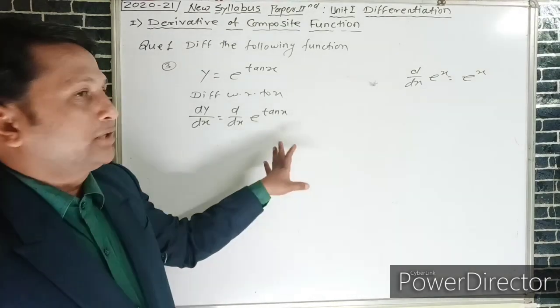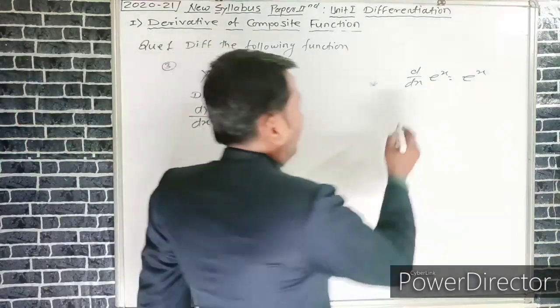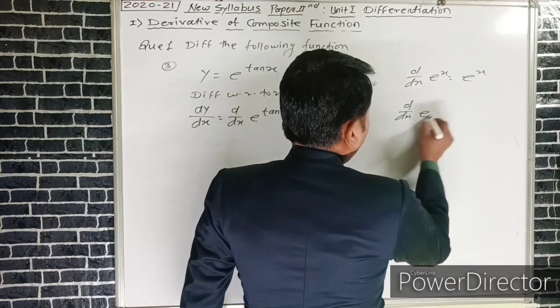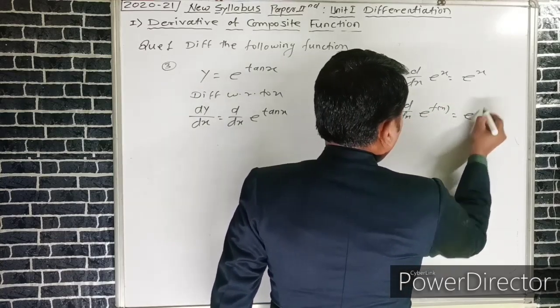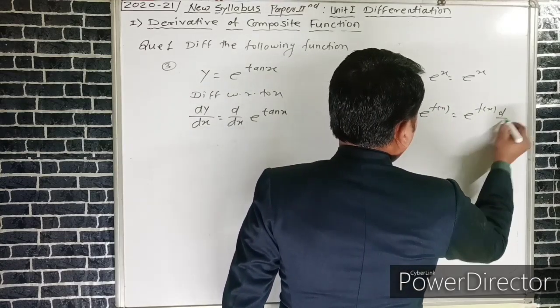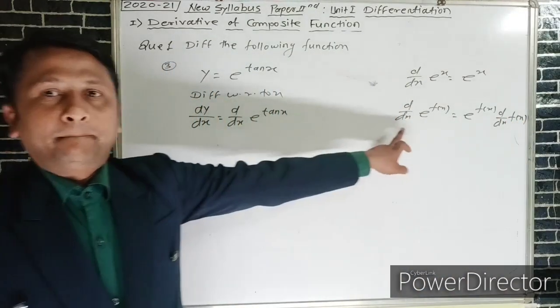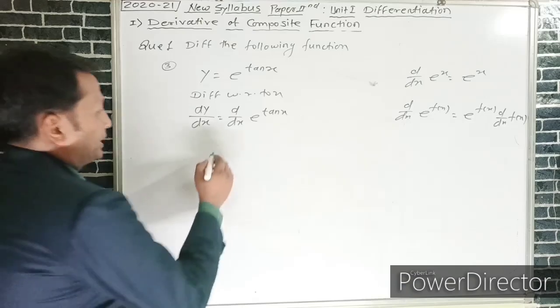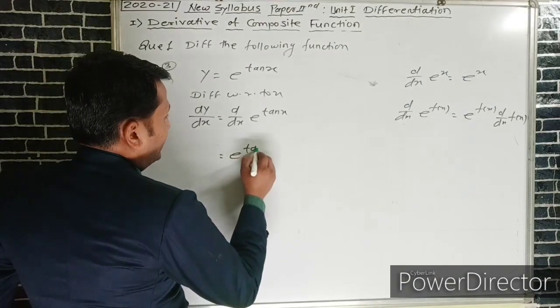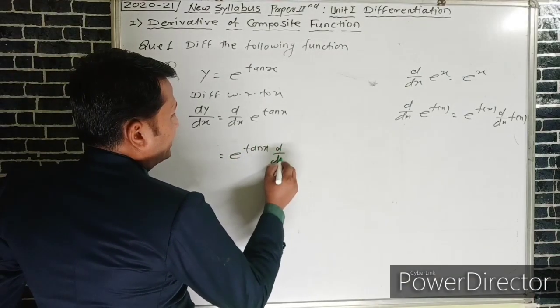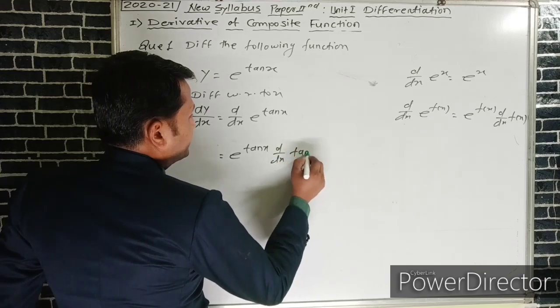The derivative of the standard composite form of e to the power f of x is e to the power f of x into again the derivative of f of x. By applying this formula, we can write it e to the power 10x into again the derivative of tan of x.